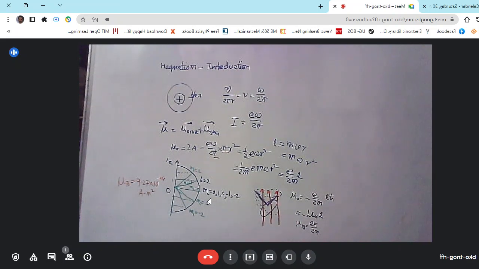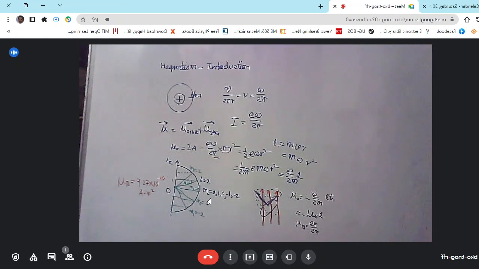So whenever you see that the electrons inside the atom are rotating in elliptic or circular orbit, just remember that it amounts to some magnetic field, and the magnetic dipole associated with this circular or elliptic motion is equivalent to a magnet whose dipole moment is given by mu equals to minus mu b into L, where mu b is called the Bohr magneton.